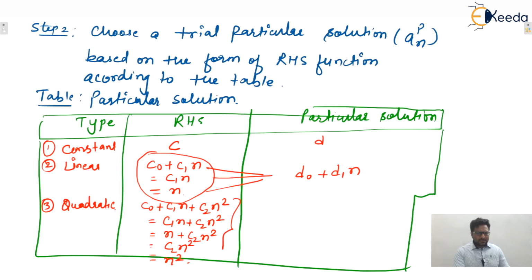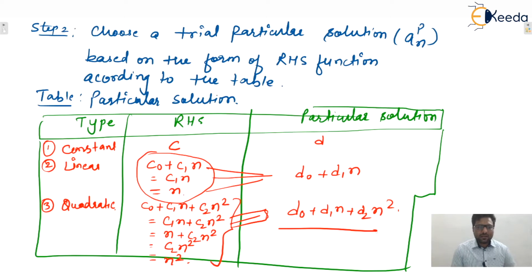All these are quadratic functions. So for all of these, your trial particular solution will be d0 plus d1n plus d2n square. I hope this one is clear.